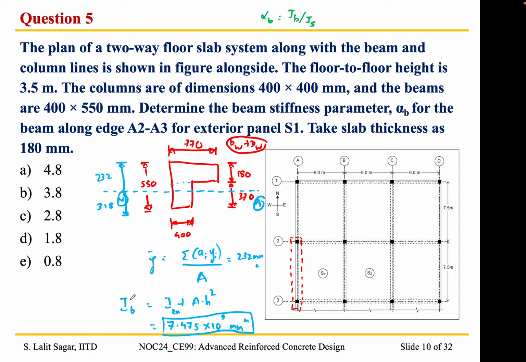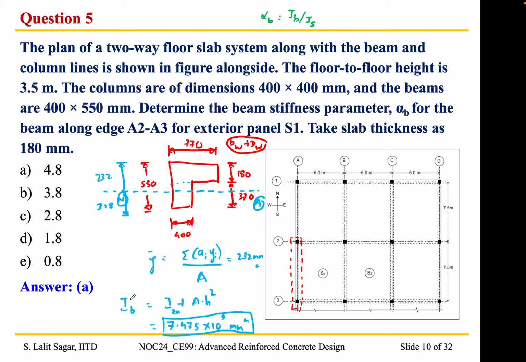So we have obtained the value of IB. Now we need to obtain the value of IS. Actually, it has to be taken from top, no, sir? It doesn't make a difference. But if a question is asked, we have to refer from top only. It depends on how you were taught. I have the practice of taking it from top only.